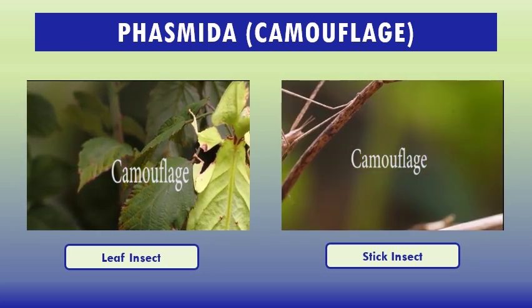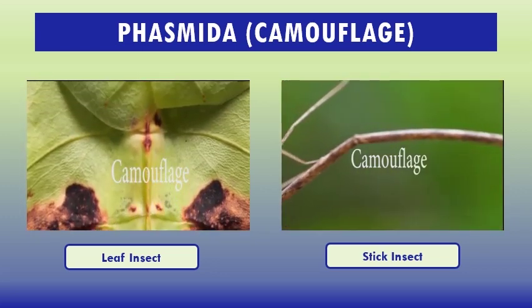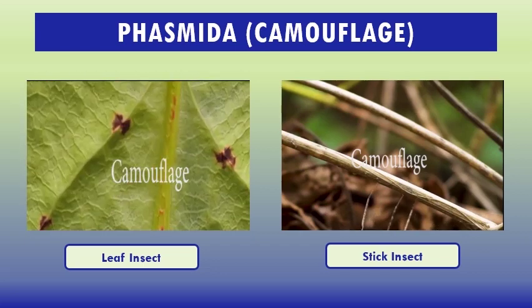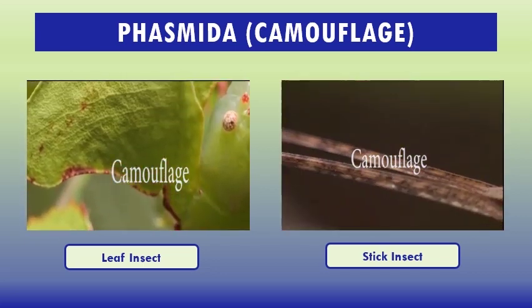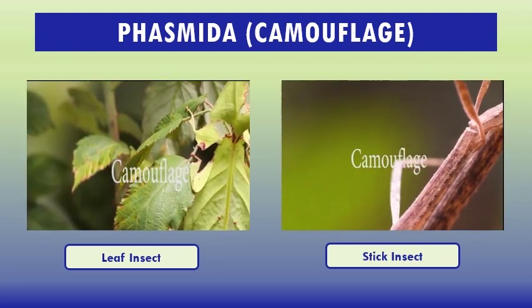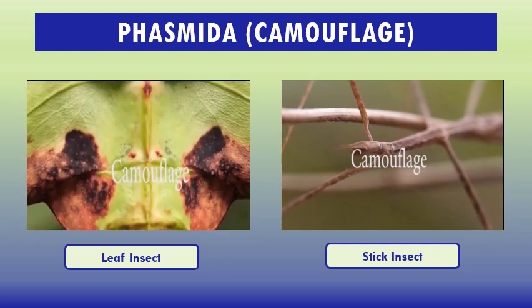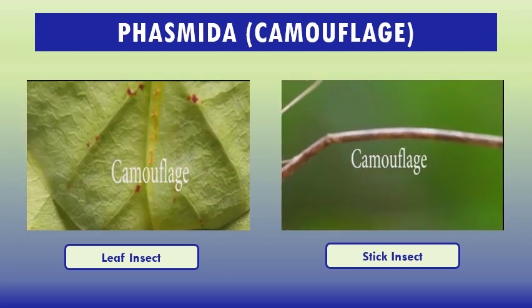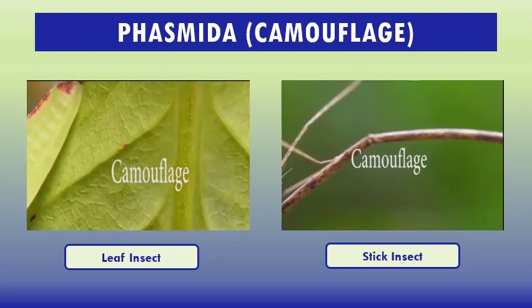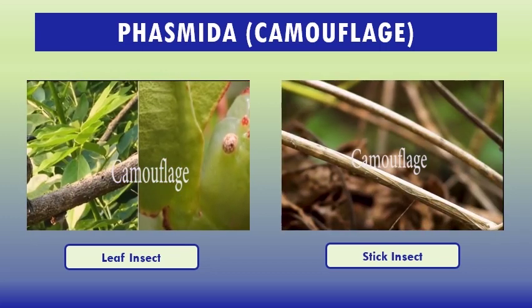Now, camouflage in Phasmida. Why are they commonly referred to as stick and leaf insects? Because they are exquisitely camouflaged. Many species look like twigs and may have the appearance of being covered by lichens, mold, bird feces, or moss.